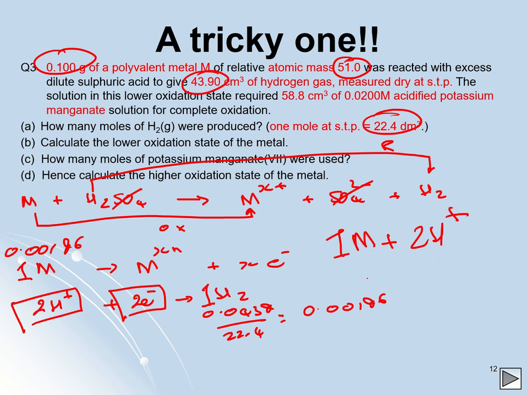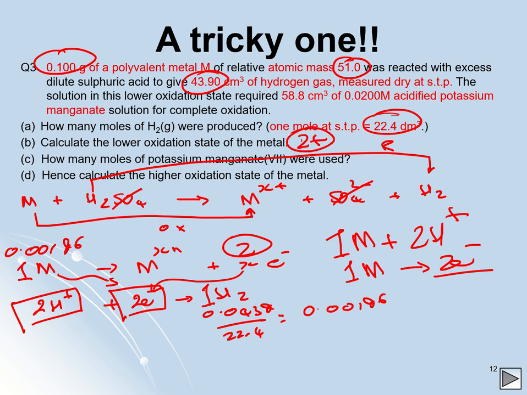So this metal must be losing 2 electrons. The X value here must be 2, because the 2 electrons lost by the metal have to be the 2 electrons gained by the 2 hydrogen ions. So if this metal starts off in its 0 oxidation state, which it does, and it loses 2 electrons, the new oxidation state must be 2 positive. That's how you do that part.